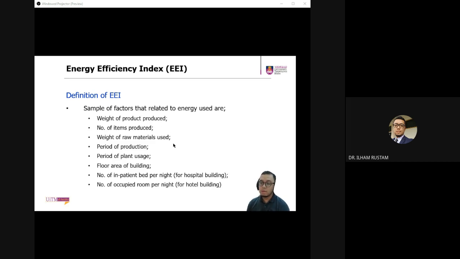So for example, for a factory it is easy to see, but let's say a hospital. I think hospitals have also implemented energy management back in 2014 and so on. So in a hospital, there is electrical input, but there's no product being produced, no items being produced.